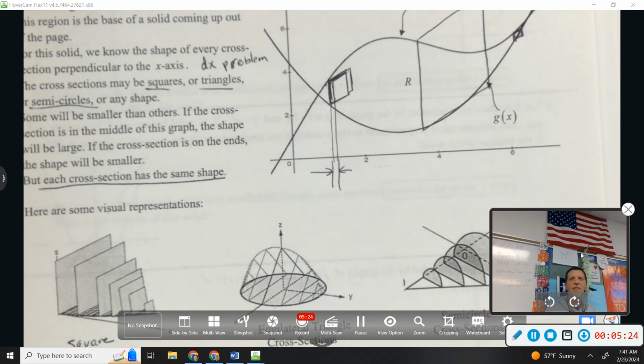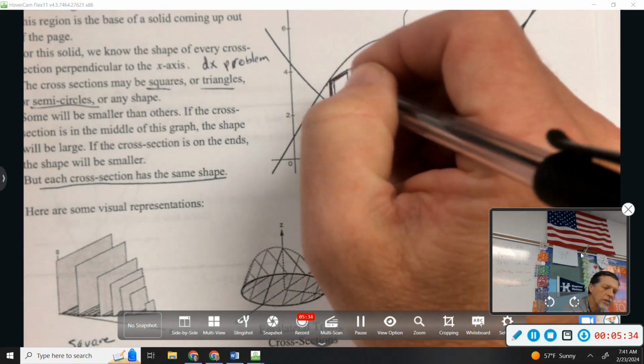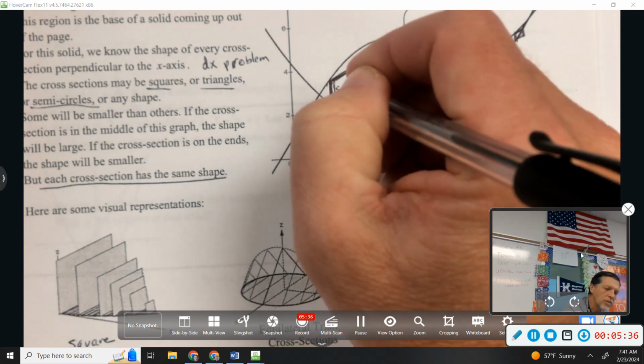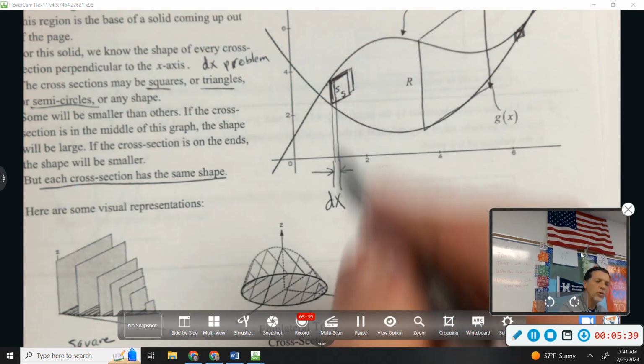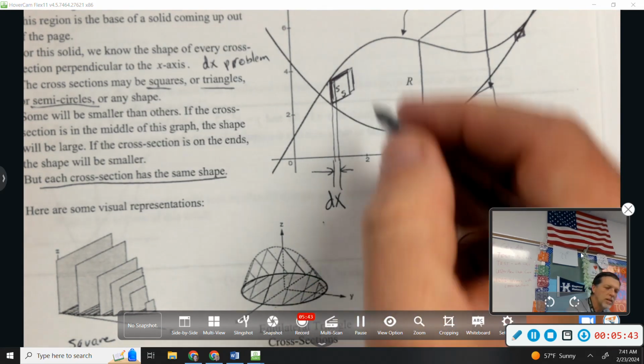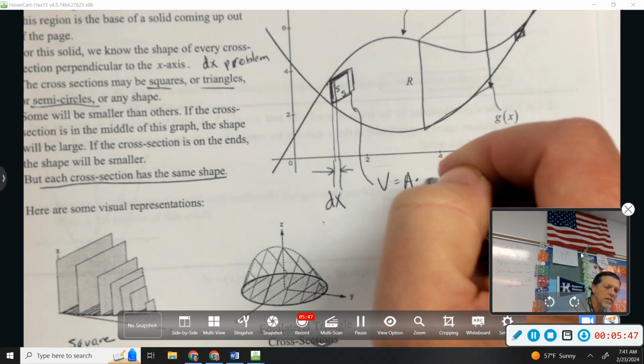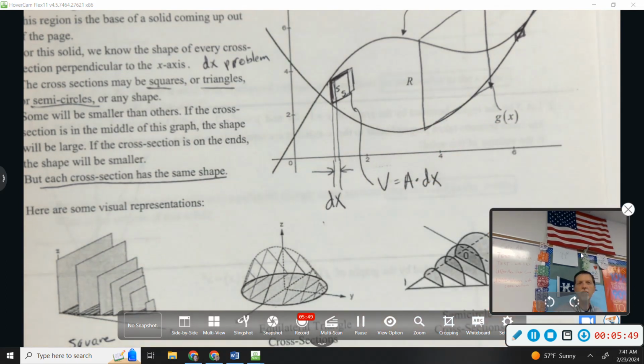It's dx. So the thickness of that slice is dx. The area of one of the squares would just be s squared. And so the volume of that piece would be the area of the piece times dx.